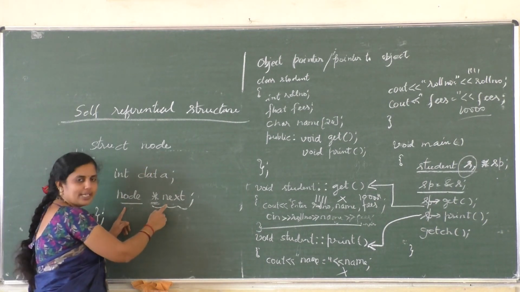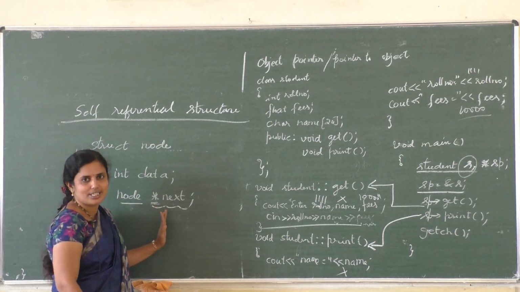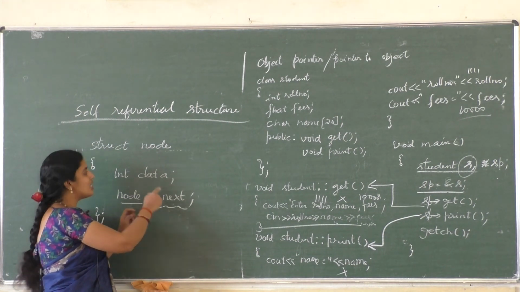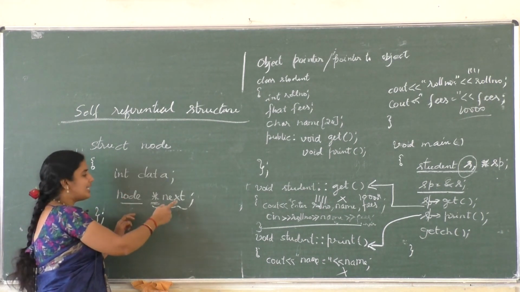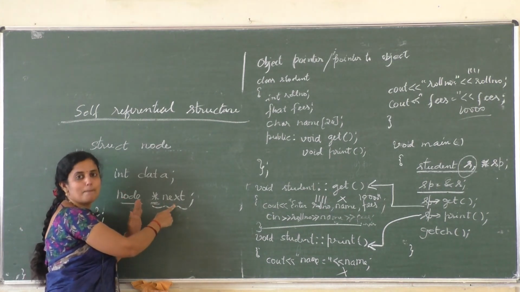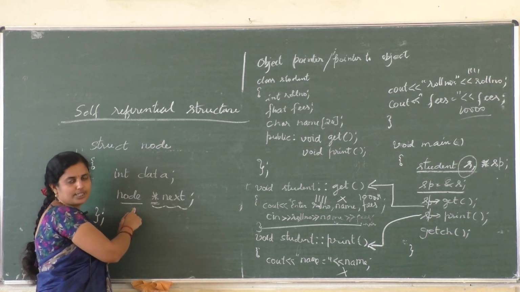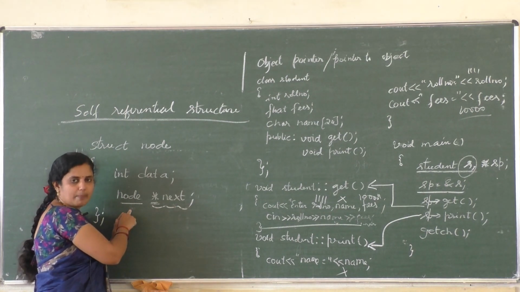So you can say that a self-referential structure is a structure which has an element that is a pointer to the structure of the same type. Here star next is a pointer to the node type of structure.